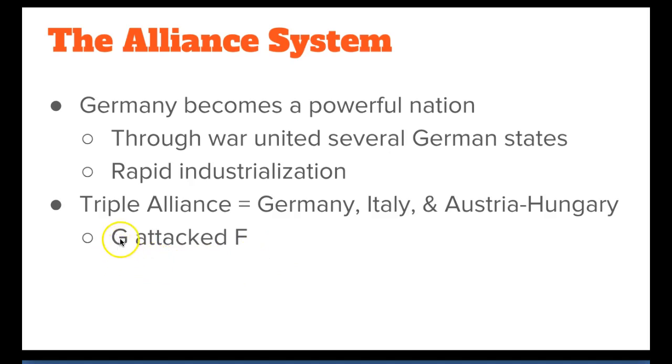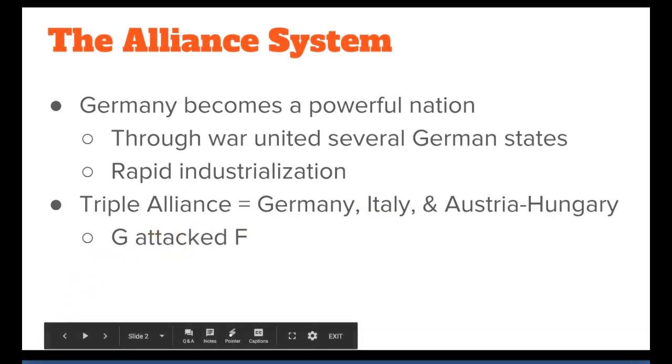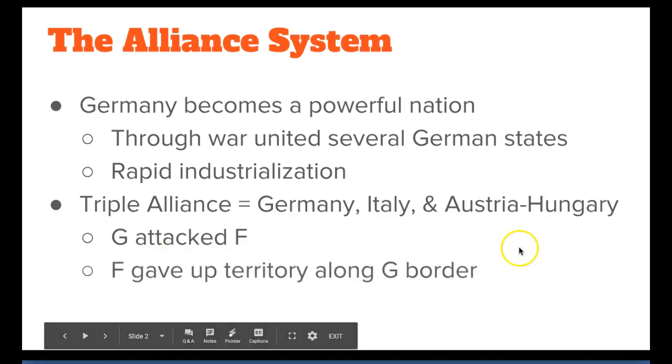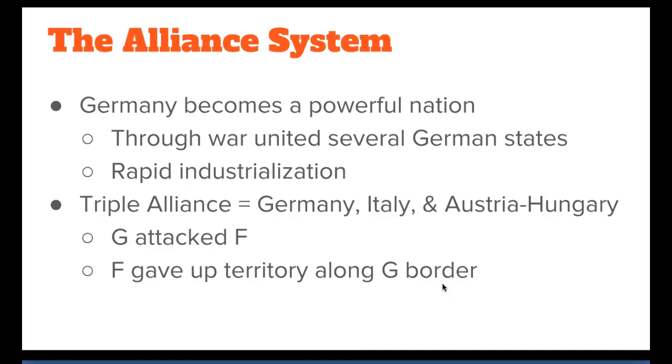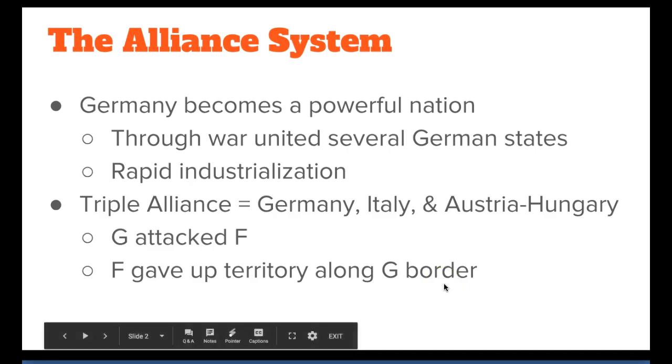Okay, so this says that G attacked F, and I apologize for the capital F since I haven't used that country's name yet, but some of you might even know what country that is referring to. So this is about Germany attacked France, and we're going to go into that a little bit more, okay? What happened was that France gave up territory along the German border, and the Germans just want more and more.